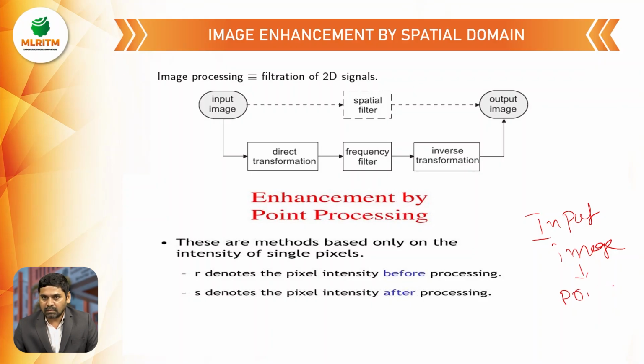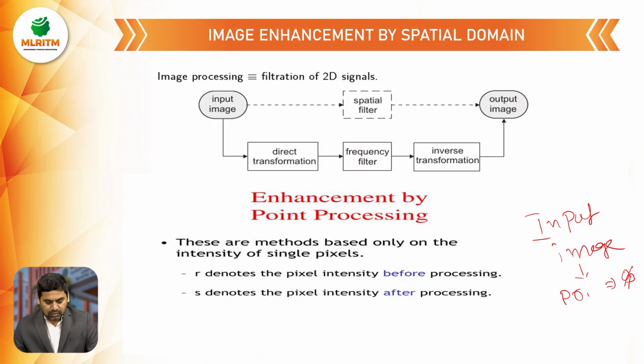You can manipulate a particular point to get an output image, which is called a point processing operation on the image. Similarly, image enhancement by frequency domain directly manipulates the total image, processing all pixels of the image, and that operation gives an output.